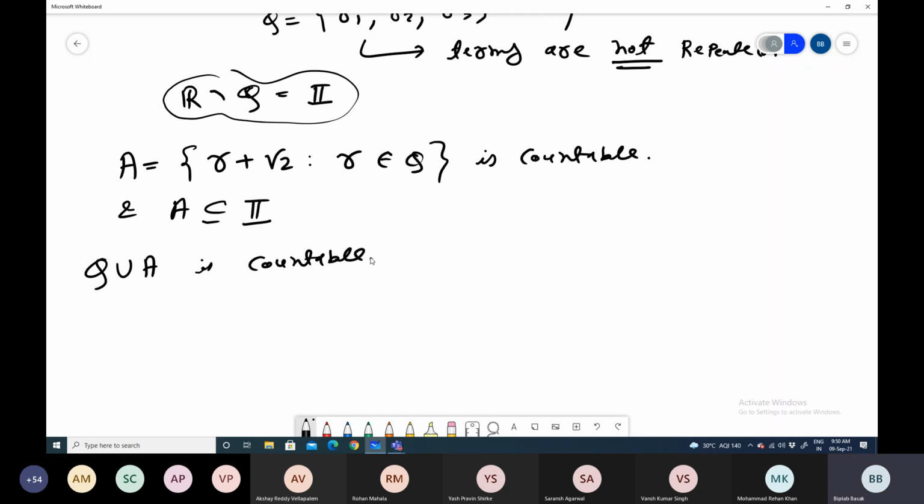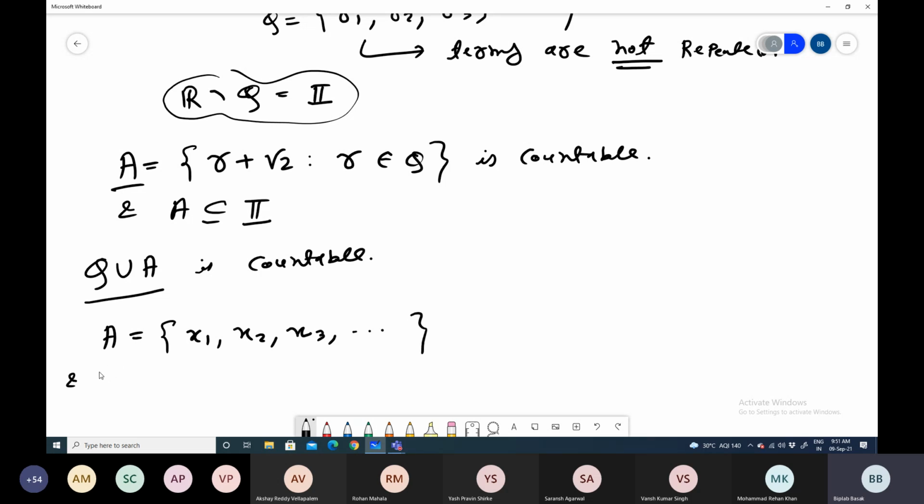Why is Q union A countable? Because Q is countable and A is countable, and the union of two countable sets is also countable. Now, since A is countable, say this is x1, x2, x3, and so on.